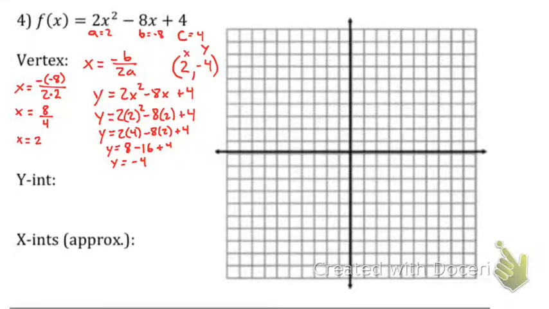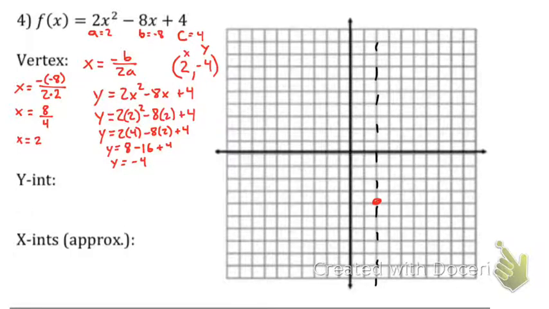Okay, so let's plot that. 2, -4. And there's our vertex. If you remember, we have an axis of symmetry that goes through our vertex. So our AOS is this line.